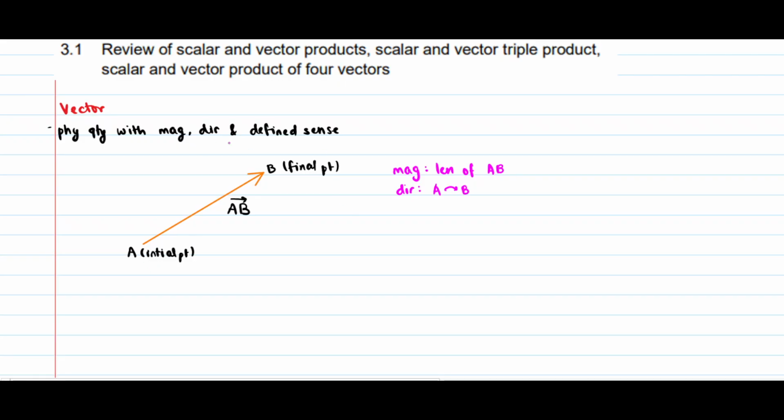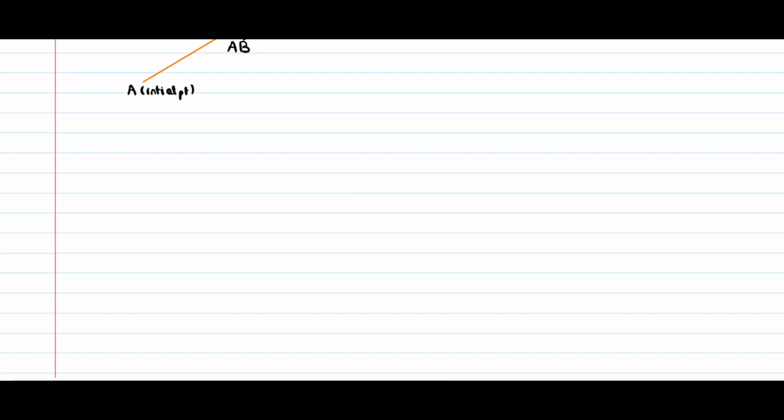Now let's talk about what sense is. Let's say there is a line, and I'll make it dotted. You don't have to, but I will. Let's make a definition for sense.